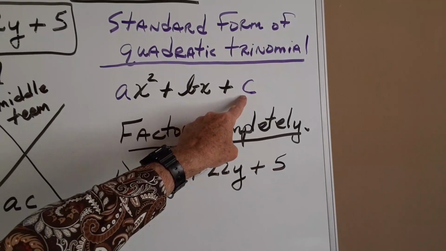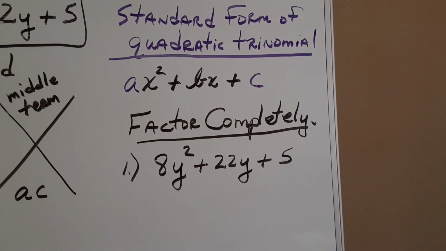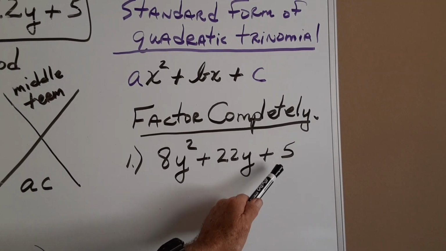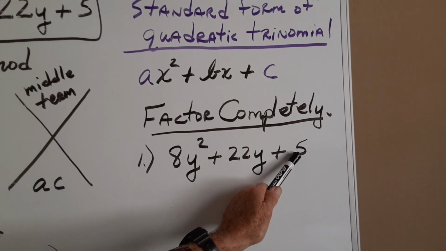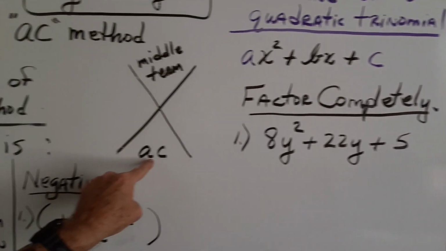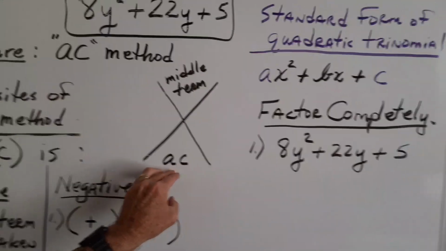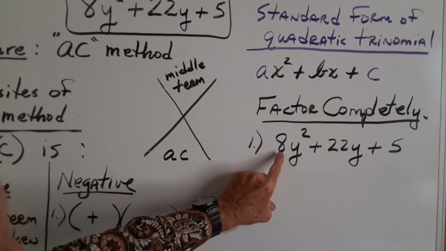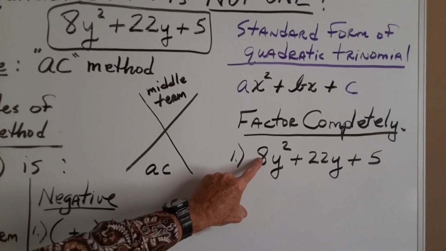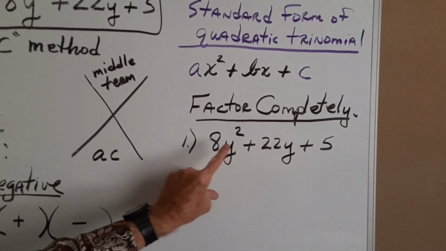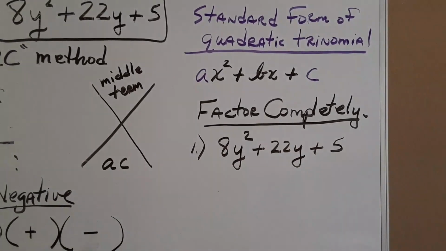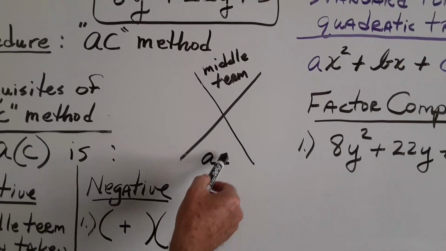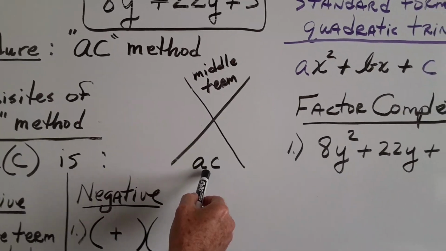And the C is the coefficient of the last term, and so the positive 5 is your C. Positive 8 times positive 5, and in a moment it's going to be 40.